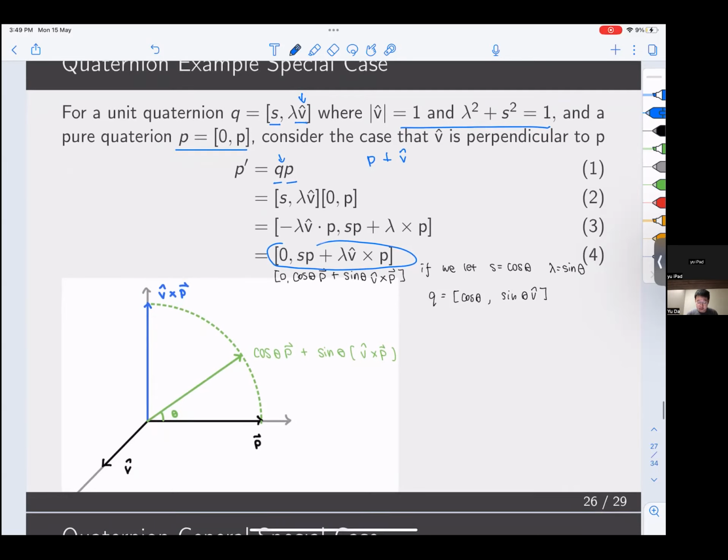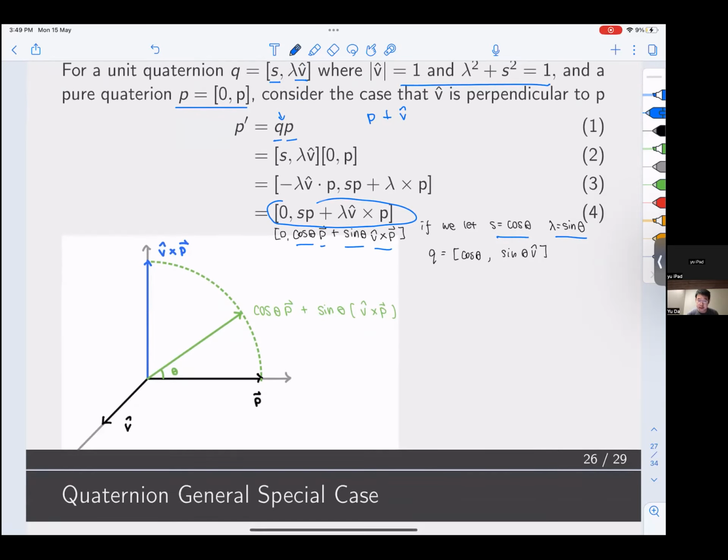If we set S to cosine theta and lambda to sine theta, we'll have the result as cosine theta P plus sine theta V cross product with P. Here is just a visualization.